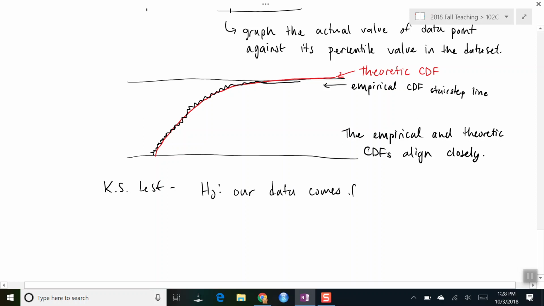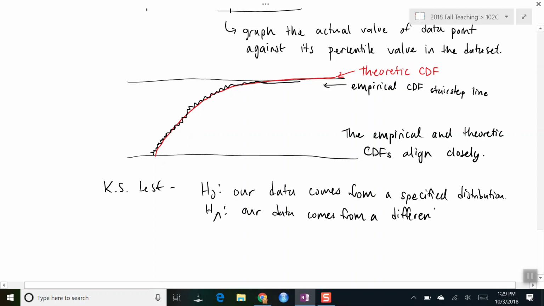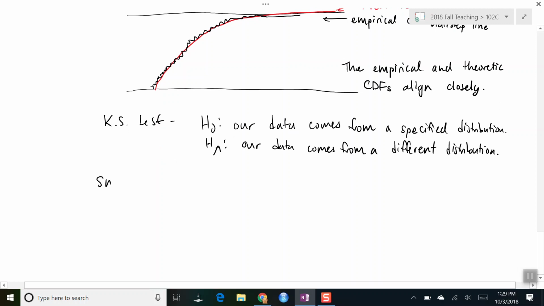Okay, and so for the KS test, maybe it's helpful to state the null hypothesis will be that our data comes from the specified distribution. And then the alternative will be that our data comes from a different distribution.